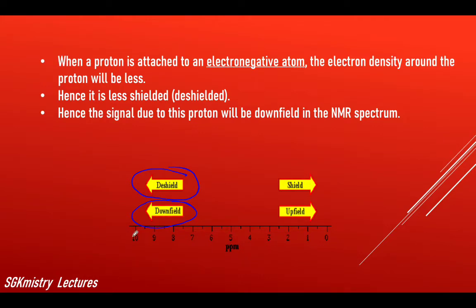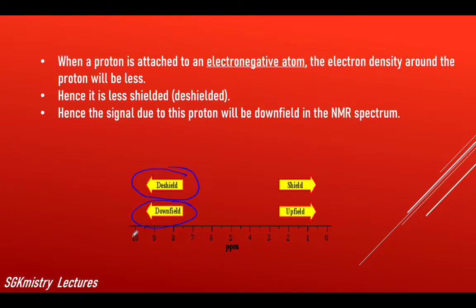So you can just remember D and D: if the proton is deshielded, then the signals are observed in the downfield region. If the hydrogen is shielded, then the signals are obtained in the upfield region. So this is what is meant by deshielding and shielding of protons due to the electrons around the protons.